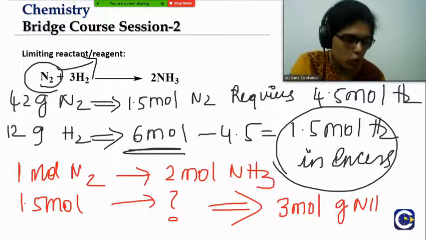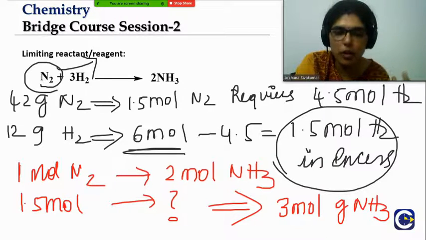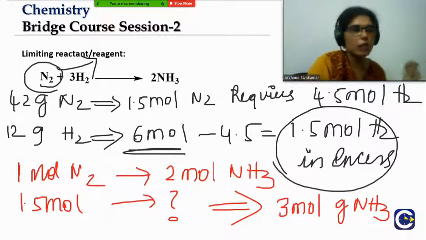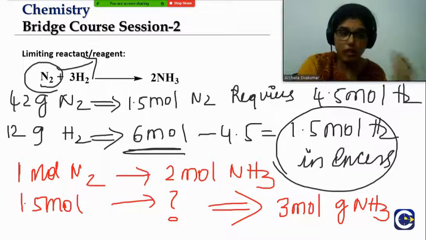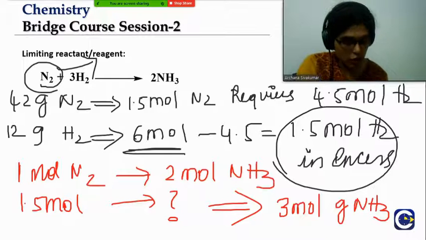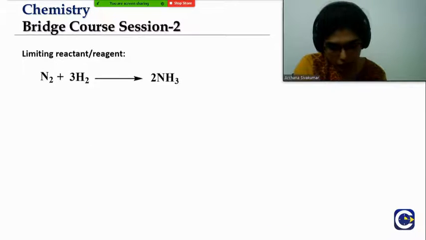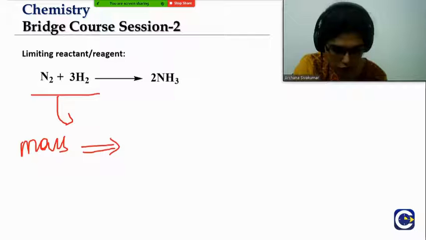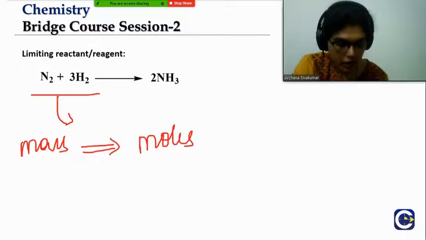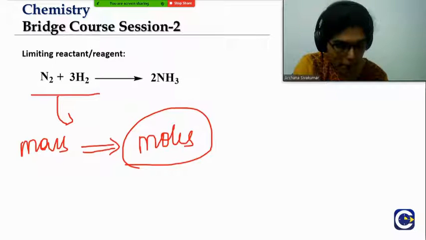Based on molar mass, I am pretty sure you will be able to convert it into mass: 3 times 17, whatever the value is, you will be able to convert it into the mass of ammonia. So is this clear? For limiting reagents, what we do is first convert the given masses into moles and then compare the moles.